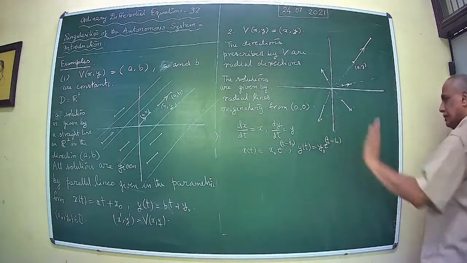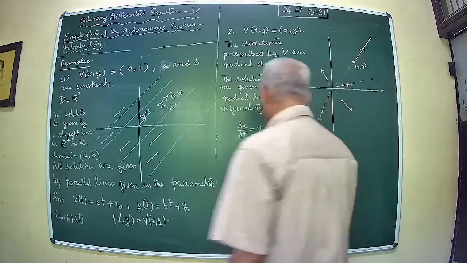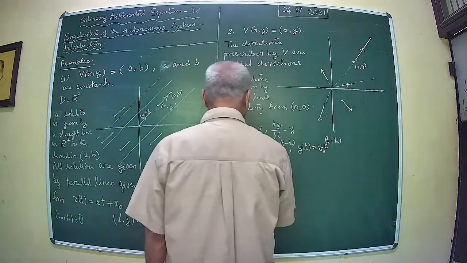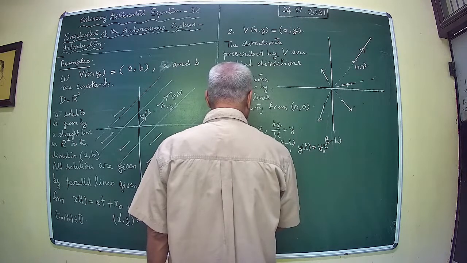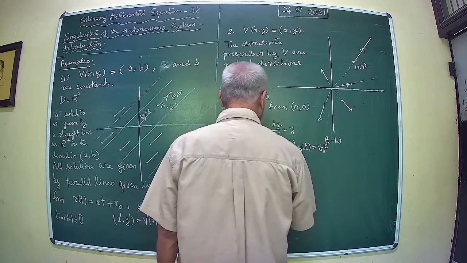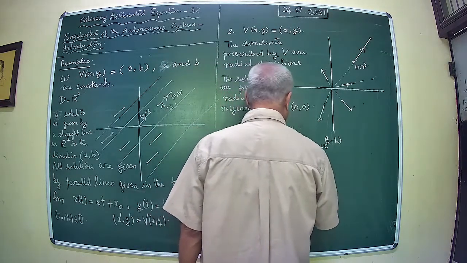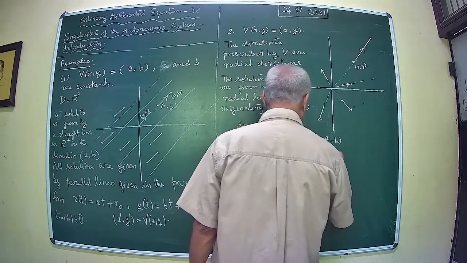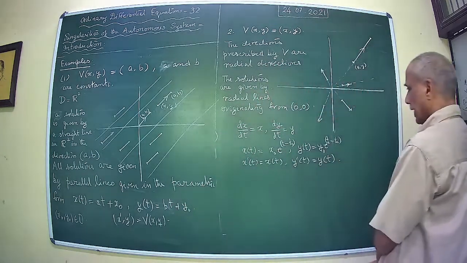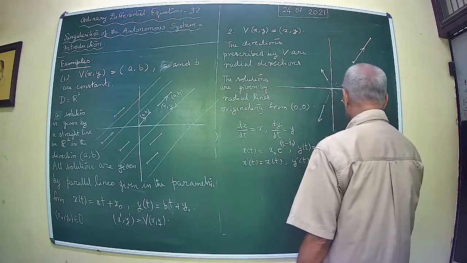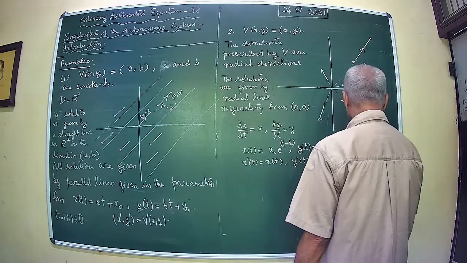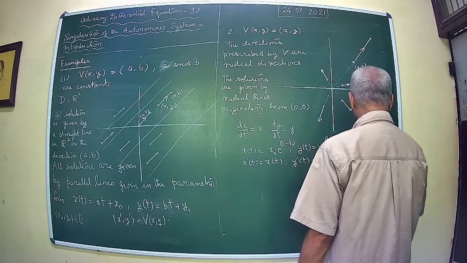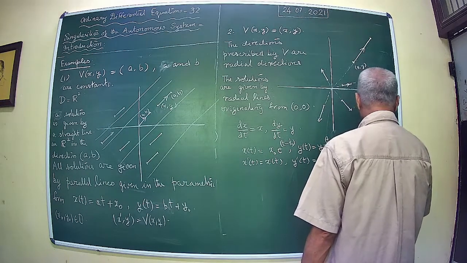Now you can immediately check that x'(t) equals x, and similarly for y(t). And you also have the initial values x(t naught) equal to x naught, y(t naught) equal to y naught.